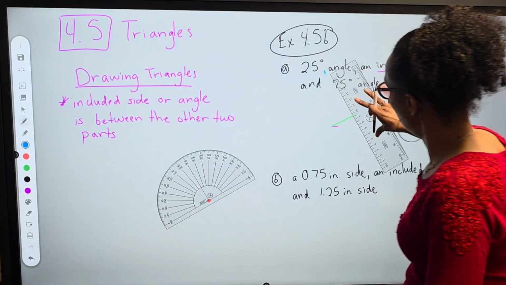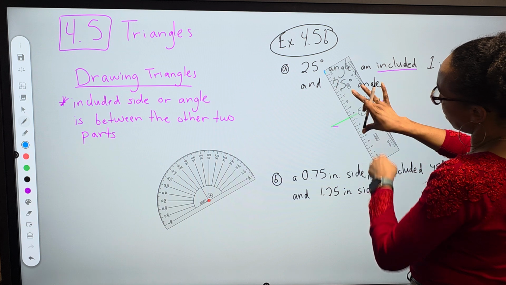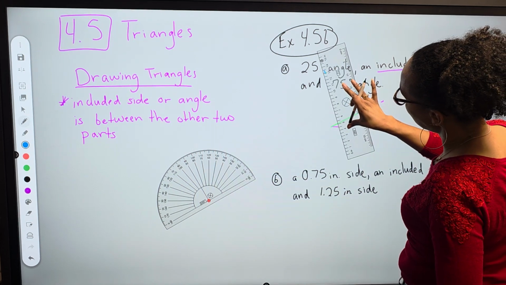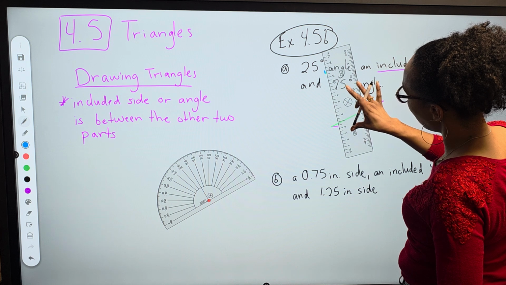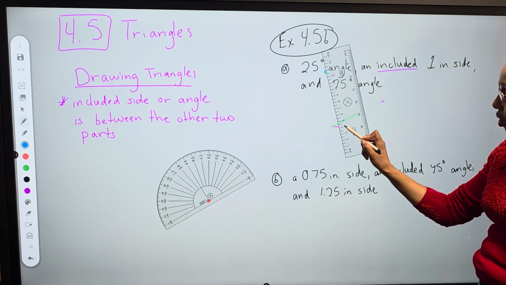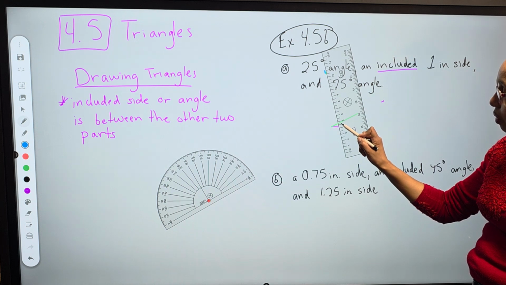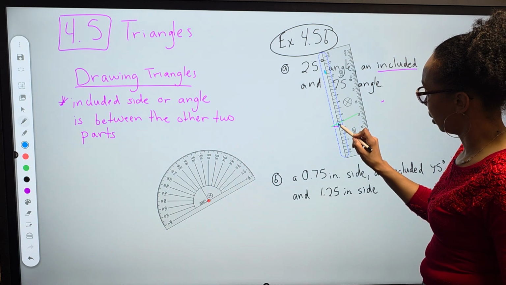And then from the edge here, the vertex to my 75 degrees. Now, I don't need to make my line that long. Obviously, I'm just making a triangle. So as long as I can get it from that vertex and to make my triangle, I really only have to make it that long.